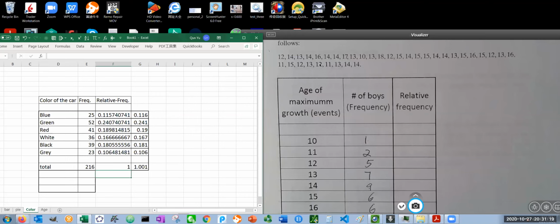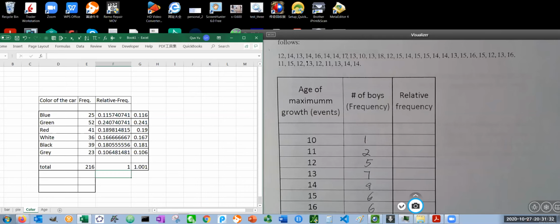Still good. 13, 1 through 7. Still good. 14, 1 through 9.